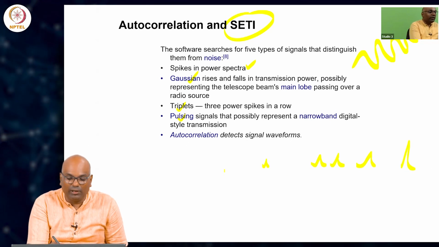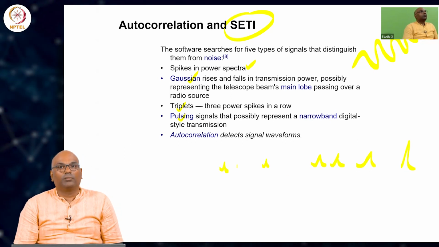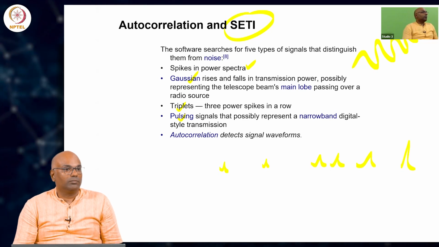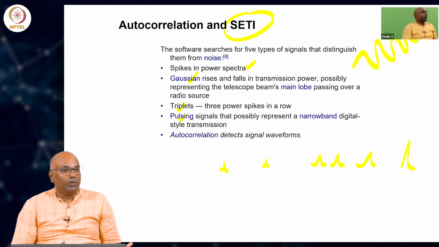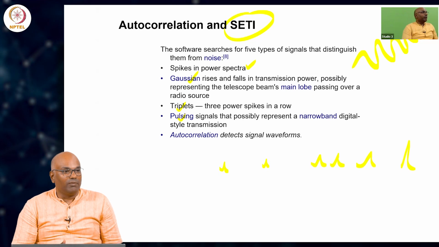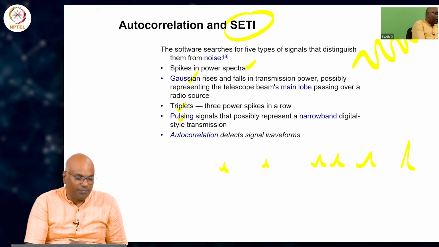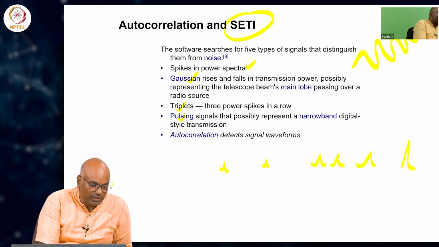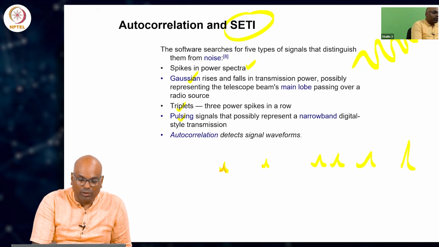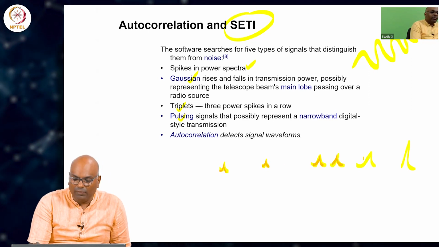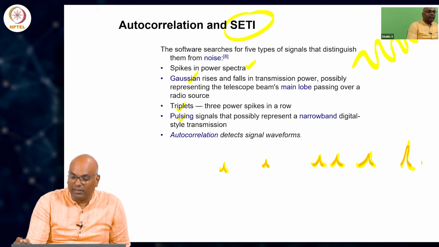We have no other reference. Therefore, to know whether this is a signal from a civilization elsewhere or not, we have to use self-referencing techniques.